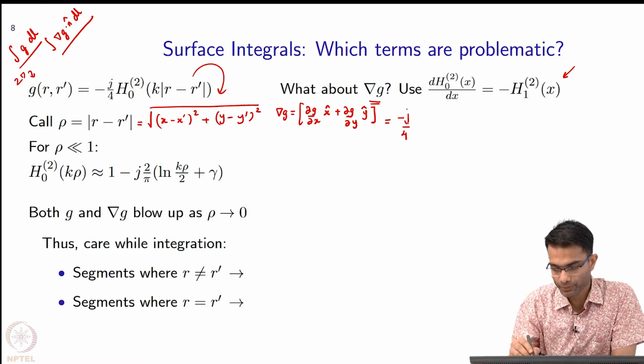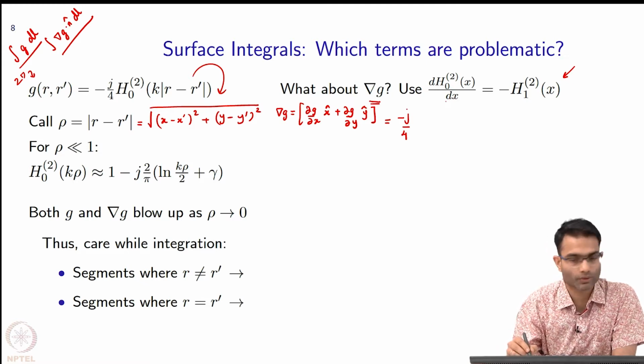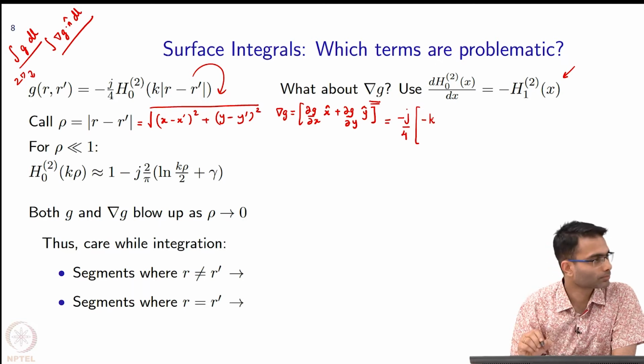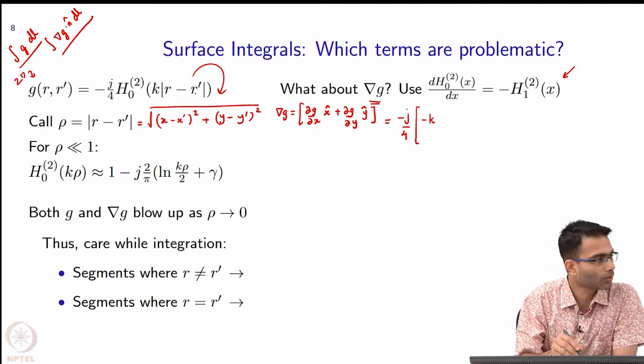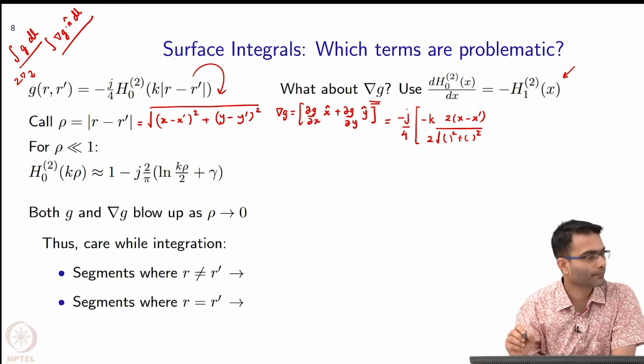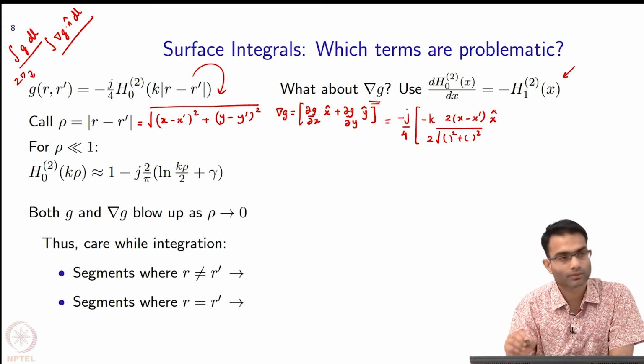Then I use the property: the derivative of H0(2) with respect to x gives a minus k, because it is k rho, and then 2(x minus x prime) divided by 2 root of this thing squared plus this thing squared, along x hat.